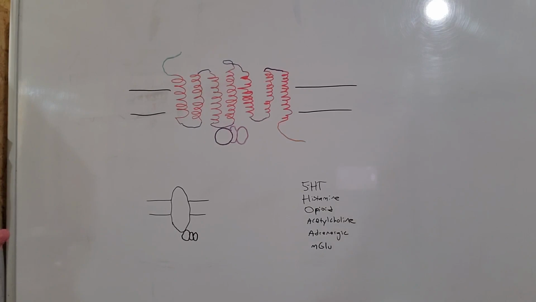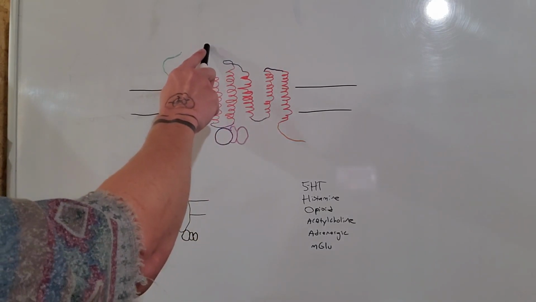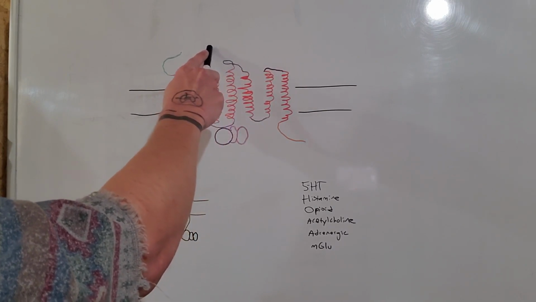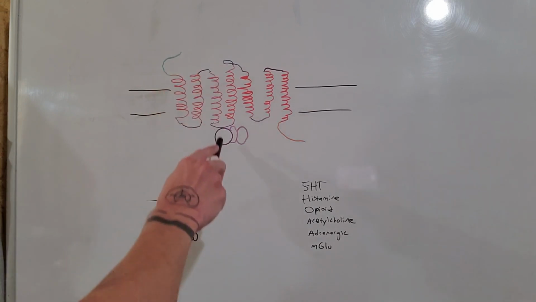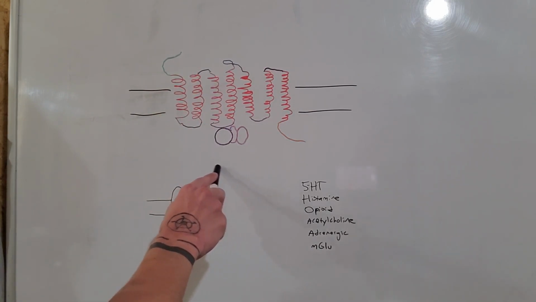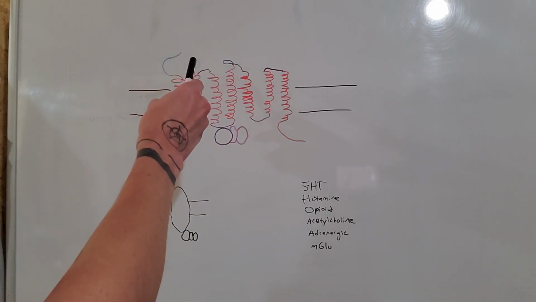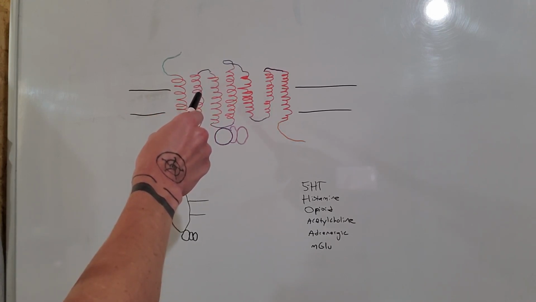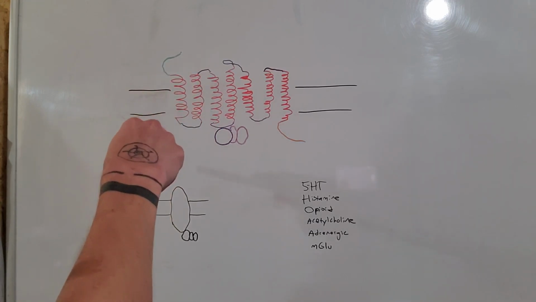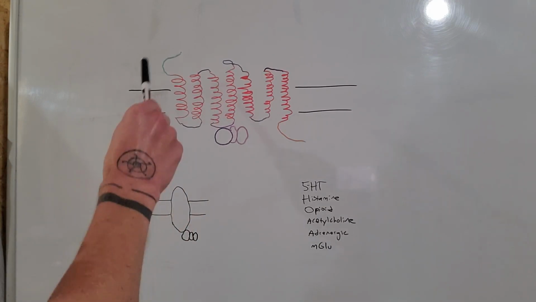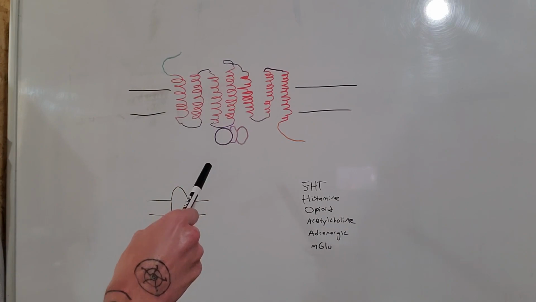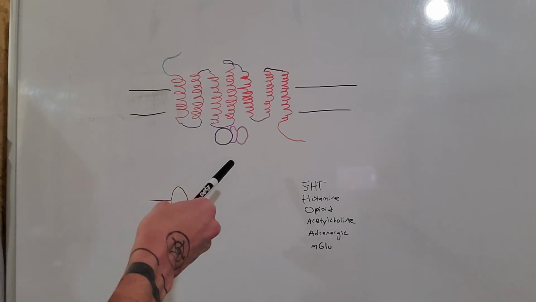So what a receptor does in general is it takes a signal from outside of the cell, that is usually a biochemical signal, and it transduces the signal into the inside of the cell. Many of these signaling molecules and proteins that exist outside of the cell can't move into the cell, and so they need a method of signaling to the cell to do something, and receptors play that role.